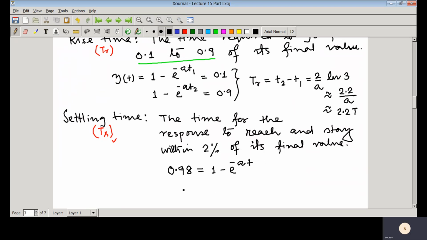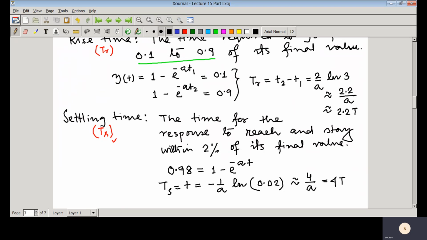Now if you take logarithm, then you will get that this t is equal to minus 1 by a ln 0.02, and it would come to nearly 4 by a, so that is 4 times T. So this is your settling time.